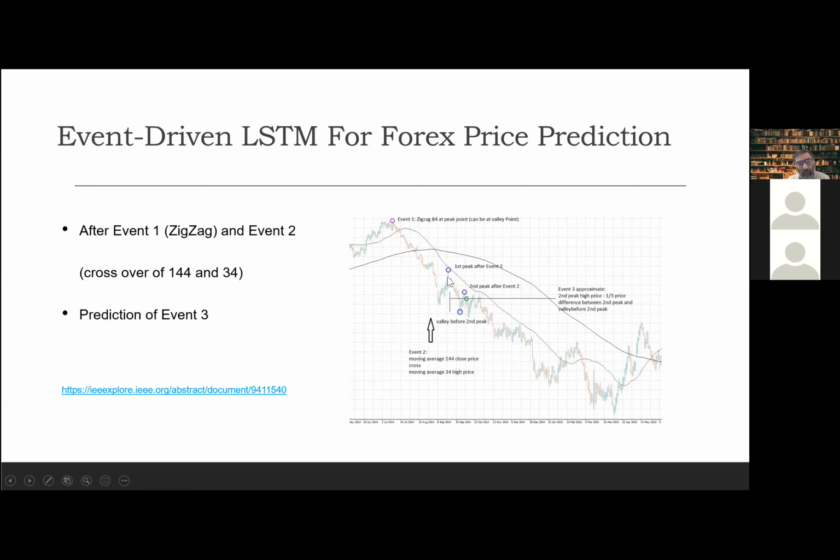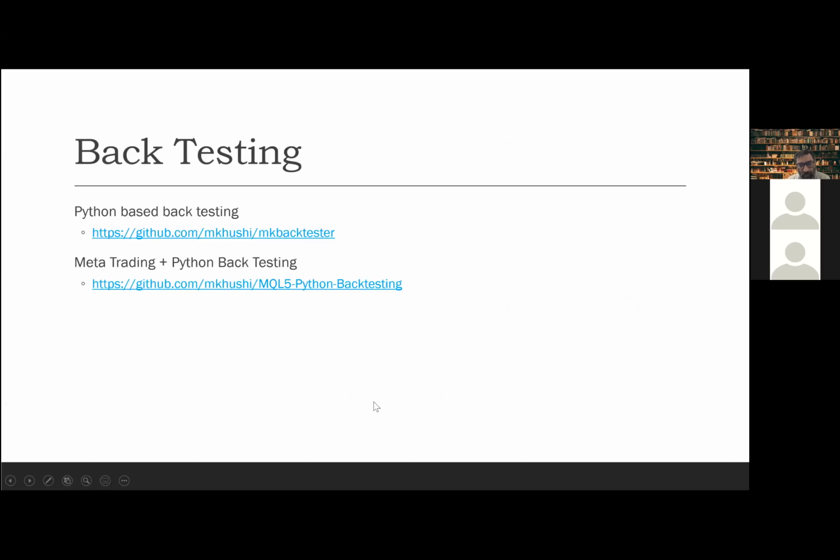So we're predicting quite further in the future. What we believe is that just predicting the next close price or next few days close price is not really helpful. Actually predicting that major event that's going to happen in the future is more useful. So this is the event driven approach. Details are in this paper.